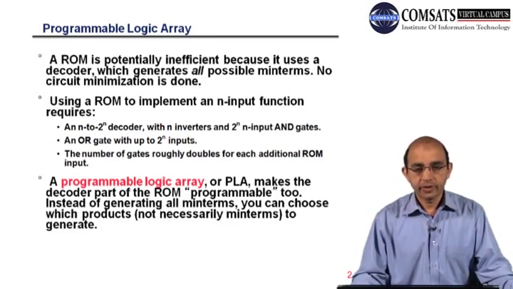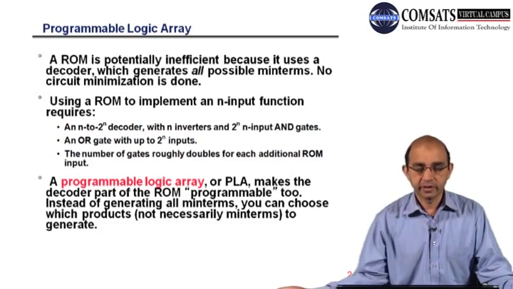In other words, no minimization is done. So although potentially we can use that ROM in an efficient and effective way, we need to do something else, or you can say we have to perform some sort of simplification.